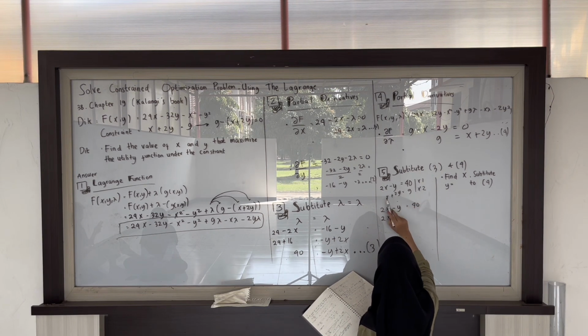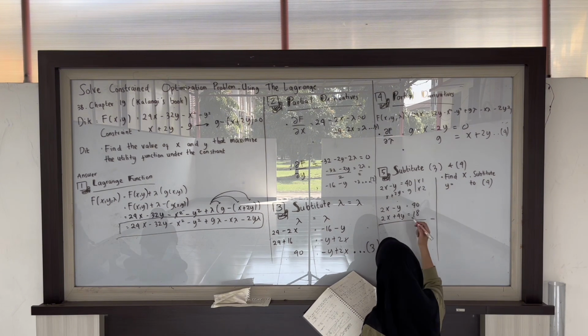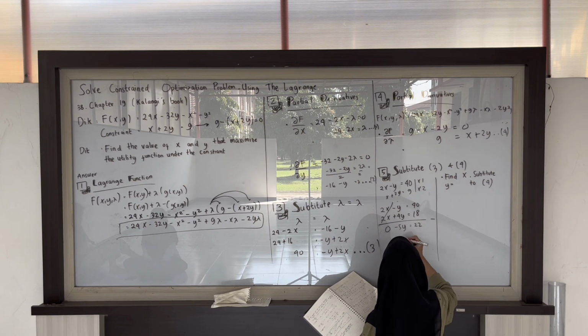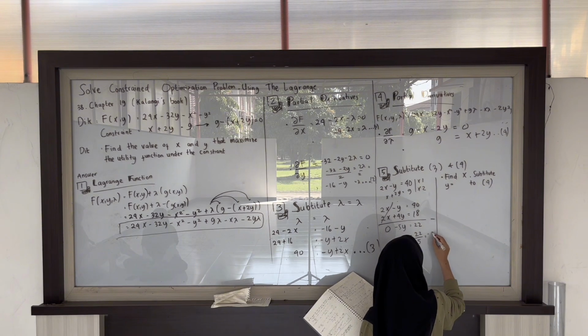We multiply the equation by 2. This gives 0 and minus 5y equals 22, and y is 22 over minus 5, so y is minus 4.4.